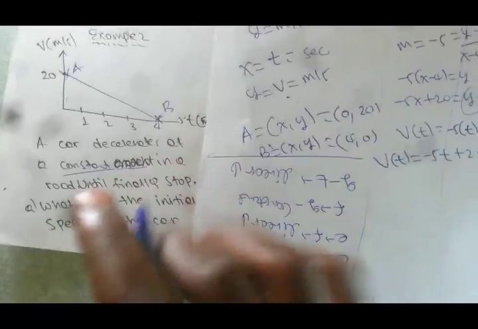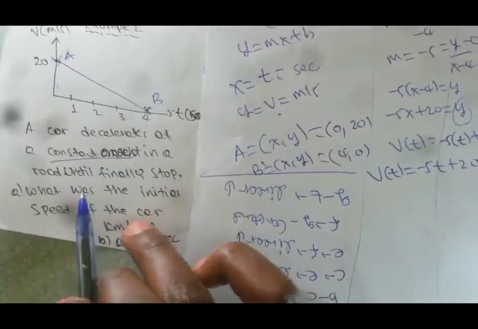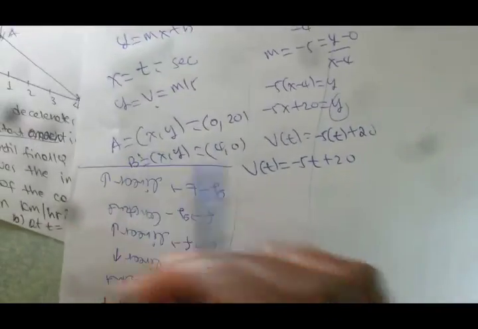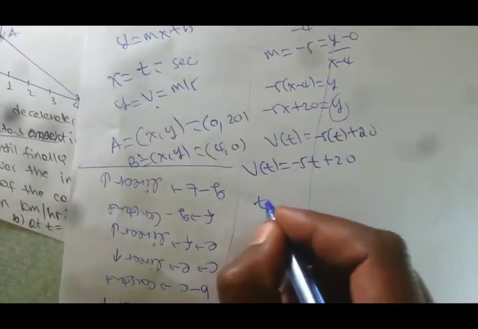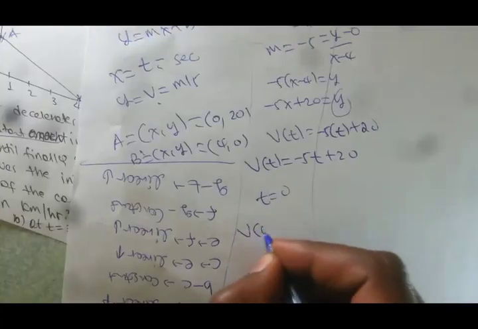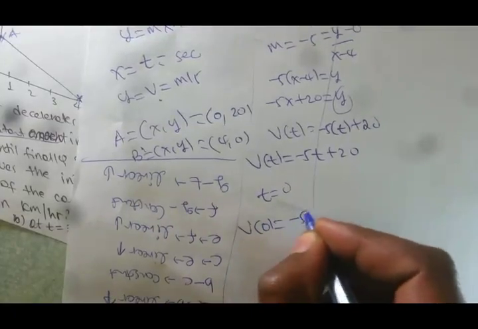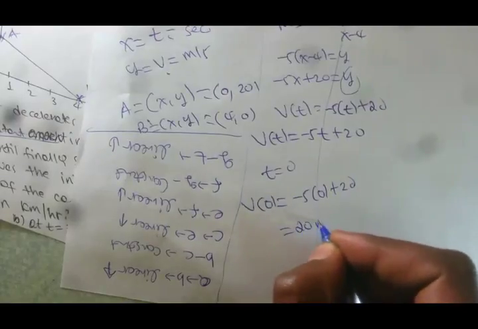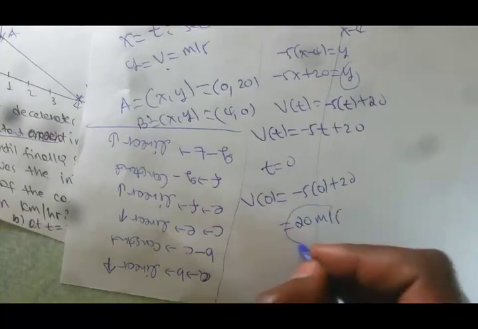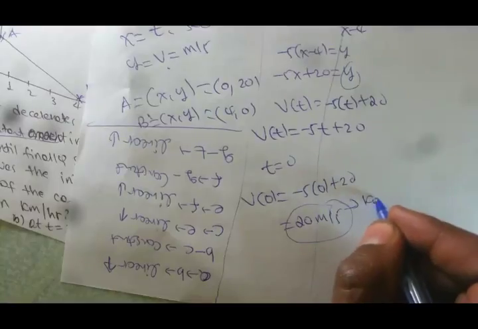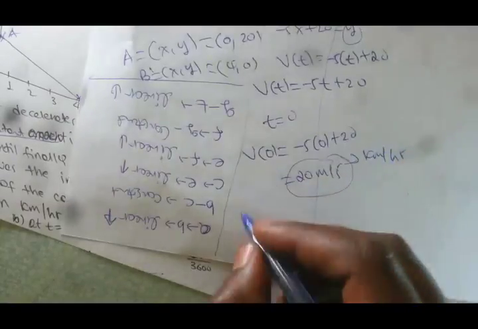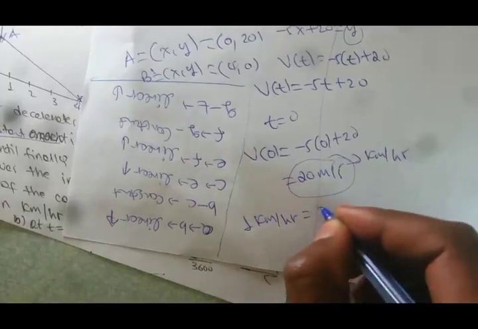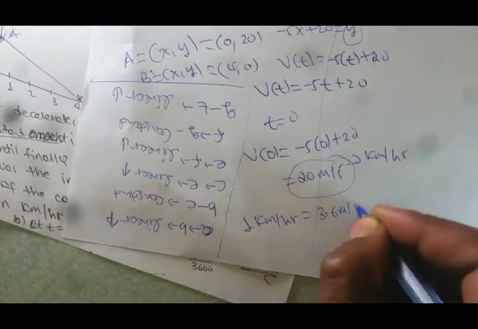And example 1 asks us, what was the initial speed of the car in kilometers per hour? Initial means when t is equal to 0. Therefore v of 0 is equal to minus 5 times 0 plus 20. This is equal to 20 meters per second. But we are asked to express this in terms of kilometers per hour. We know that 1 kilometer per hour is 3.6 meters per second.